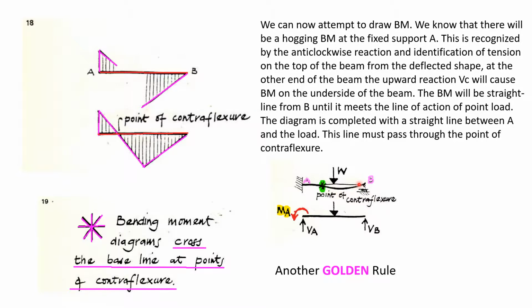The bending moment will be a straight line from B until it meets the line of action of the point load.